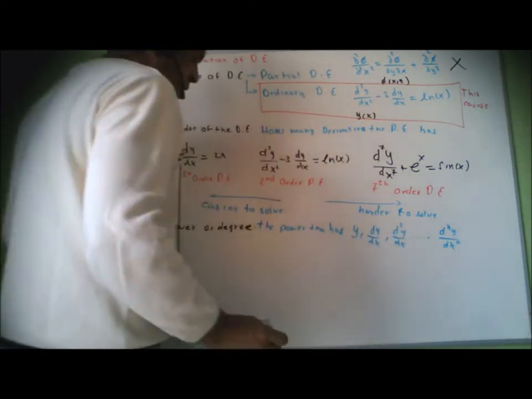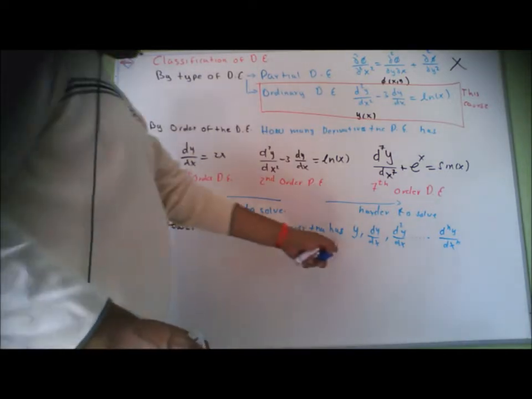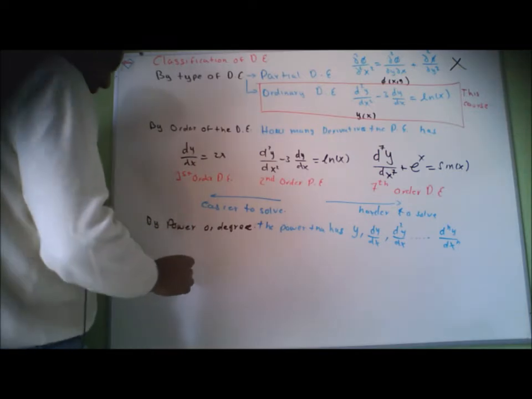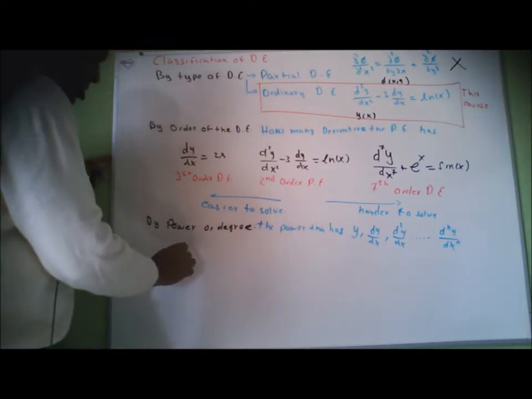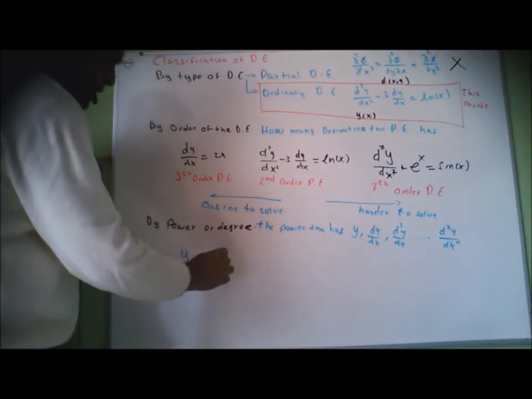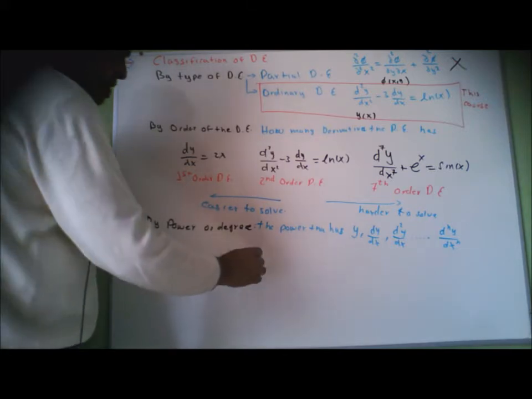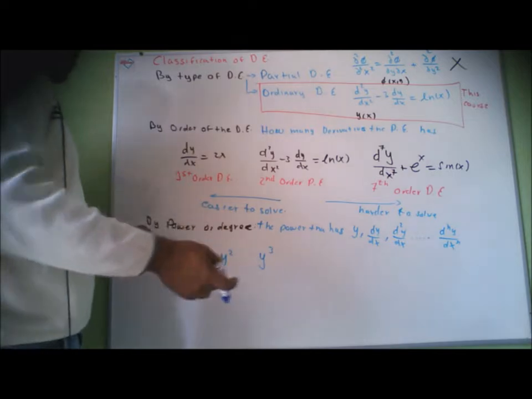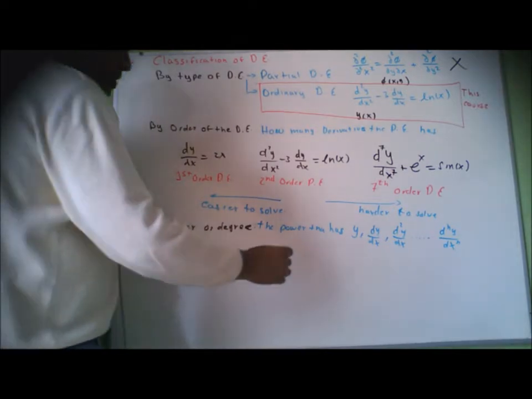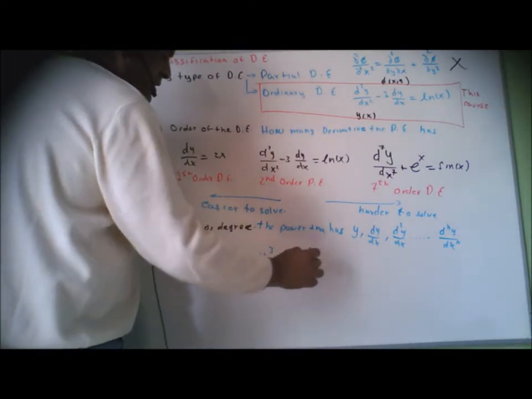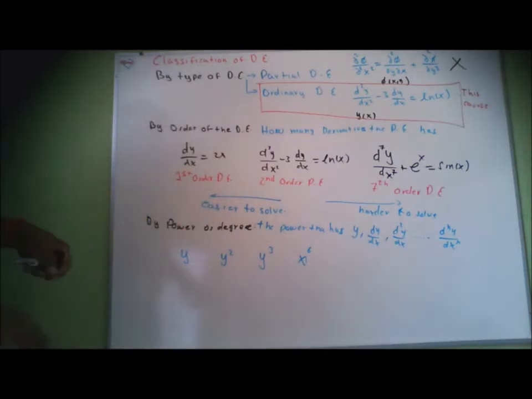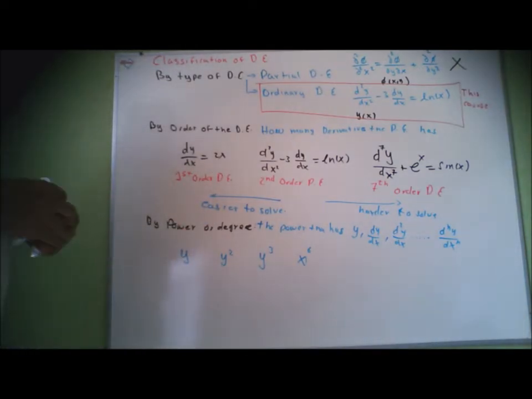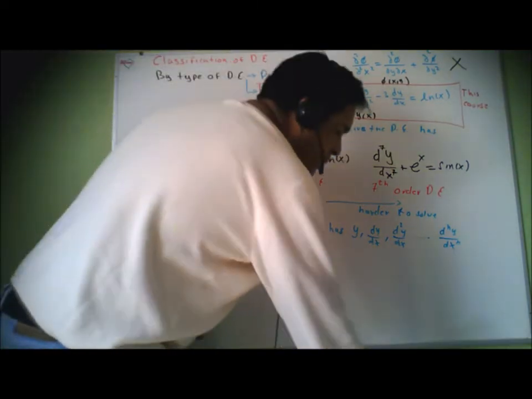So the power that has y and its derivatives. If you remember this as the power, maybe you remember it like this: this is the first degree, this is the second power, and this is the third power, or third degree. But it only applies to the y. If you happen to have x to the power of 6, that doesn't count. The power or degree only applies to y or the derivatives of y with respect to x.